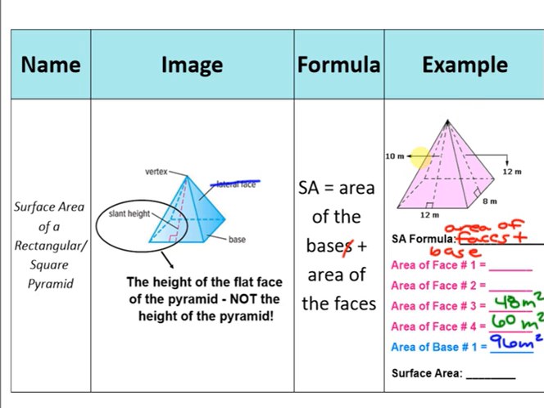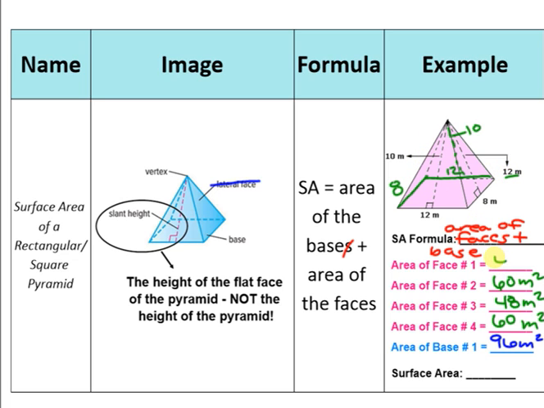Now, the other two sides that are facing away from me are a little bit more difficult to figure out. So think of a rectangle. If this is 12, what is this? That's also going to be 12, and that height is also going to be 10. So that's going to have the same dimensions. So that's also going to be 60 meters squared. Now, if this is 8, this right here is also going to be 8, and that height is also going to be 12.